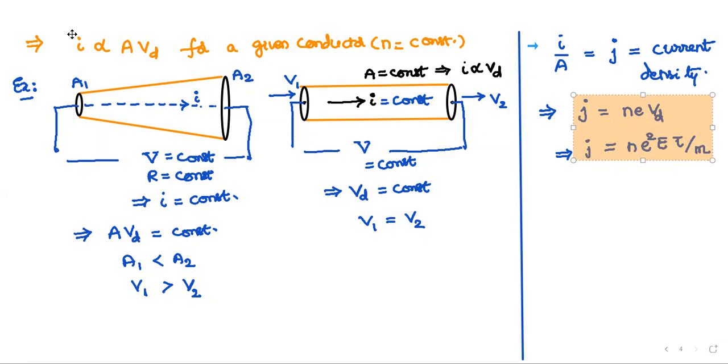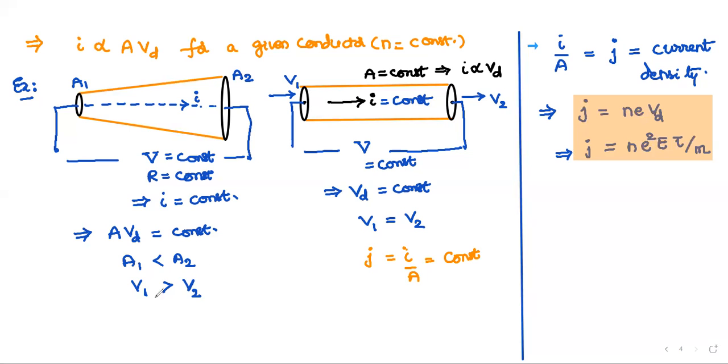Current density, if you check back here, is what? J equals I upon A. The problem arises in the case of a uniform cross-sectional wire: area is constant and current is already constant, so J is constant through a uniform cross-sectional wire.